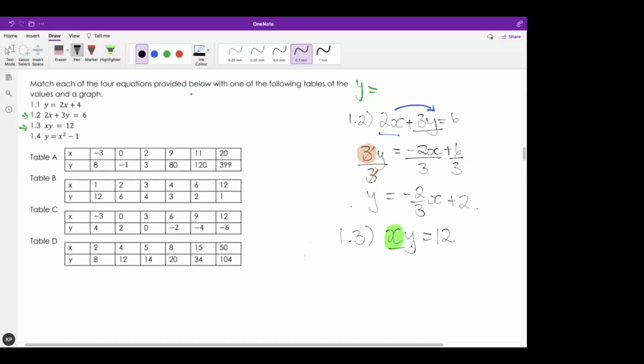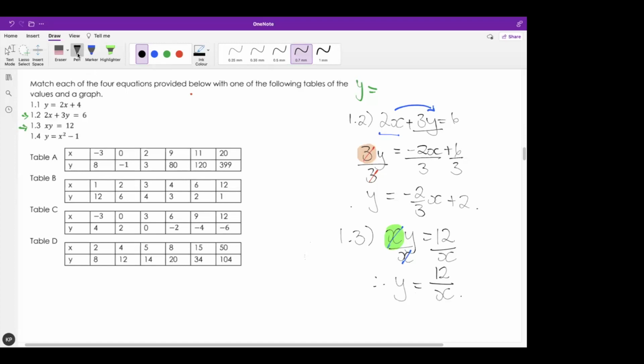Nice. I'm going to divide by x on the side and divide by x on the side. On my left-hand side, they will cancel each other out, and this was quick and simple. y is equal to 12 divided by x. Great. Now that we have all 4 formulas in the correct way, let us try to match the table with the number in question.